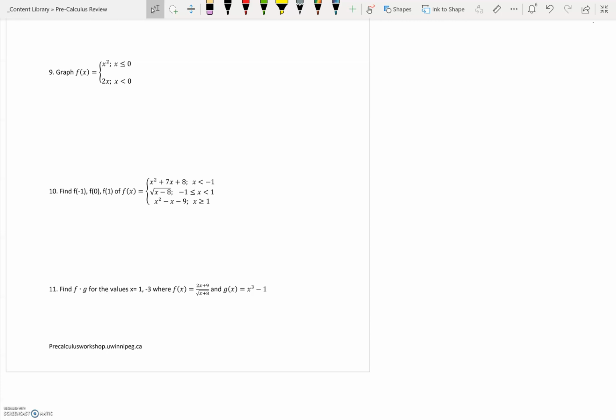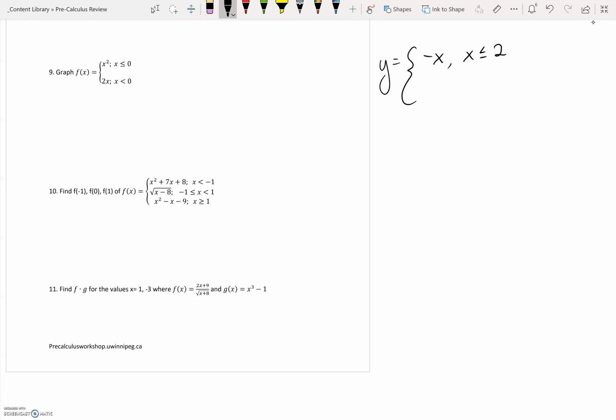So I'm going to do an example of a piecewise function to draw. Let's just say this is going from x is smaller or equal to 2.